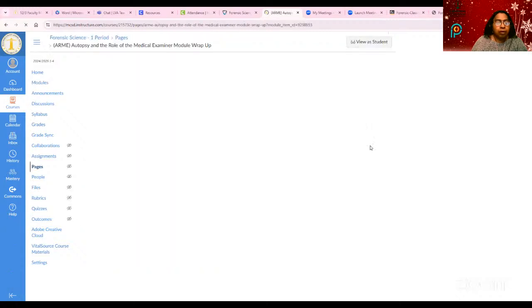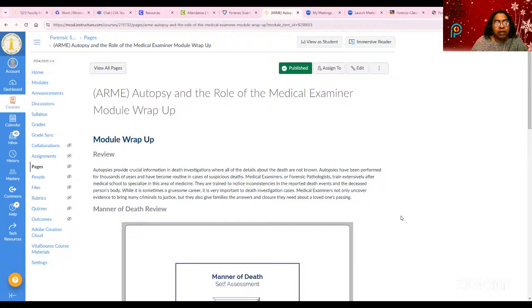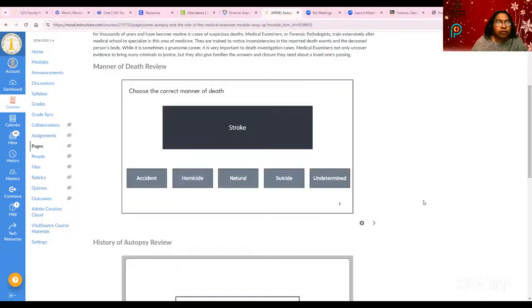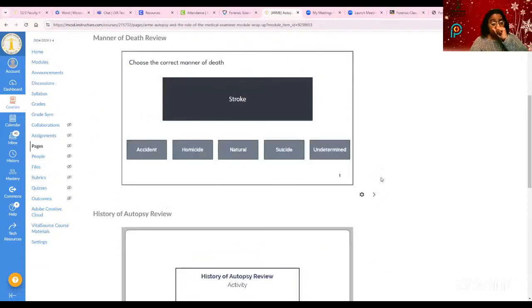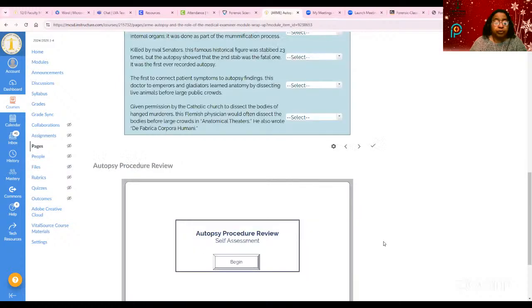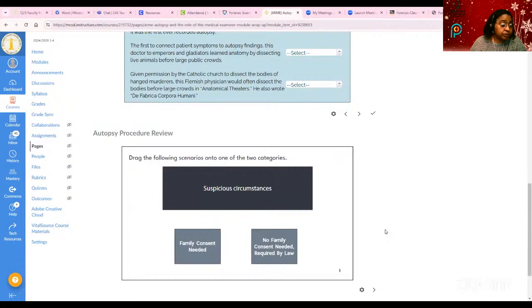So there are five major groups. Think about it as about five questions per group. What are the main ideas in each group? This is the wrap-up for autopsy. Look at the wrap-ups because that's more than likely where the questions will come from. Practice these wrap-up activities.